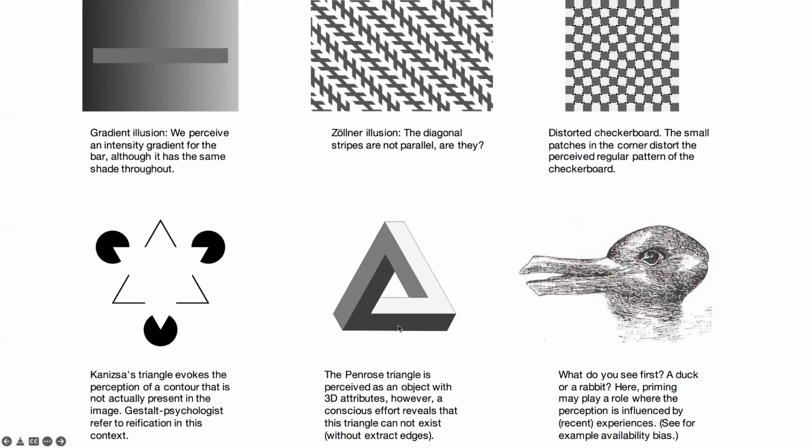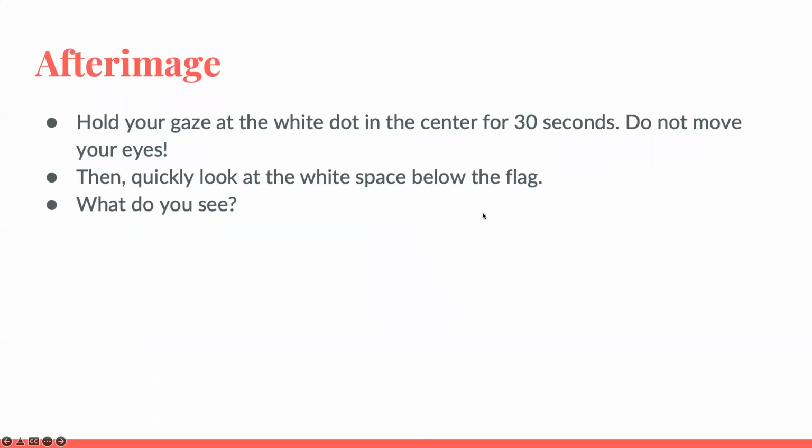There are a bunch of other ones that elicit the Gestalt rules, such as this one, right? It looks like there is a hidden triangle pointing downward, and this is because we're seeing illusory contours that are produced by the law of closure. Okay, another thing I want to talk about is called afterimage.